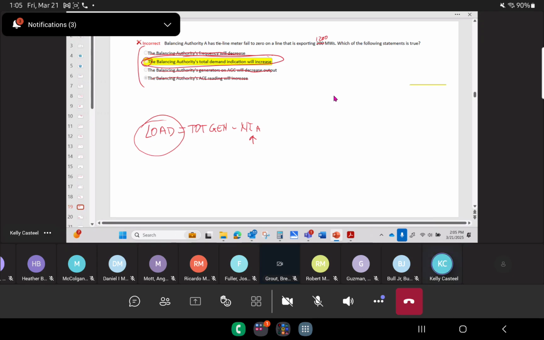Also, we could trend our tie line flows. So, you just glance at those, especially if one of them shows 0 and it shouldn't, then that's where we would look really quick to validate if it was actually 0 or if that's just a meter failure.